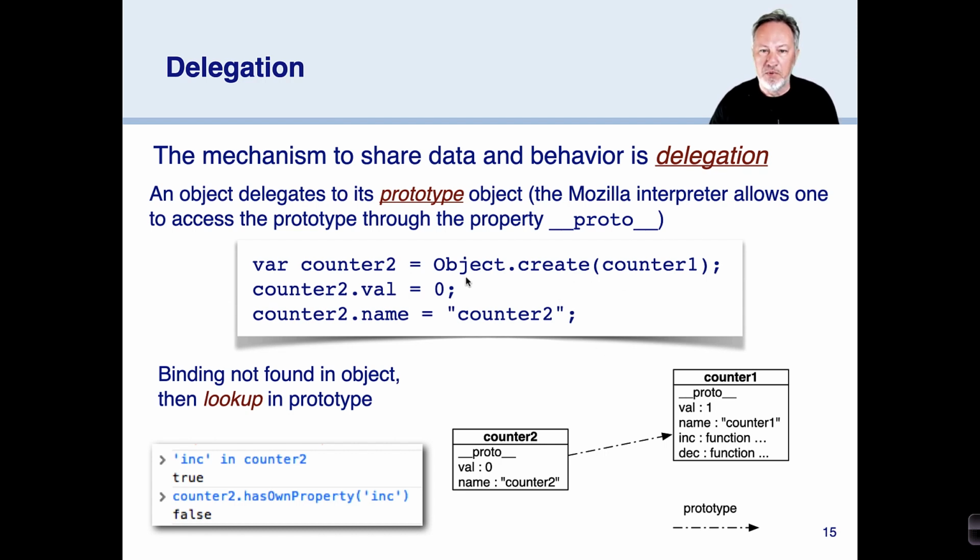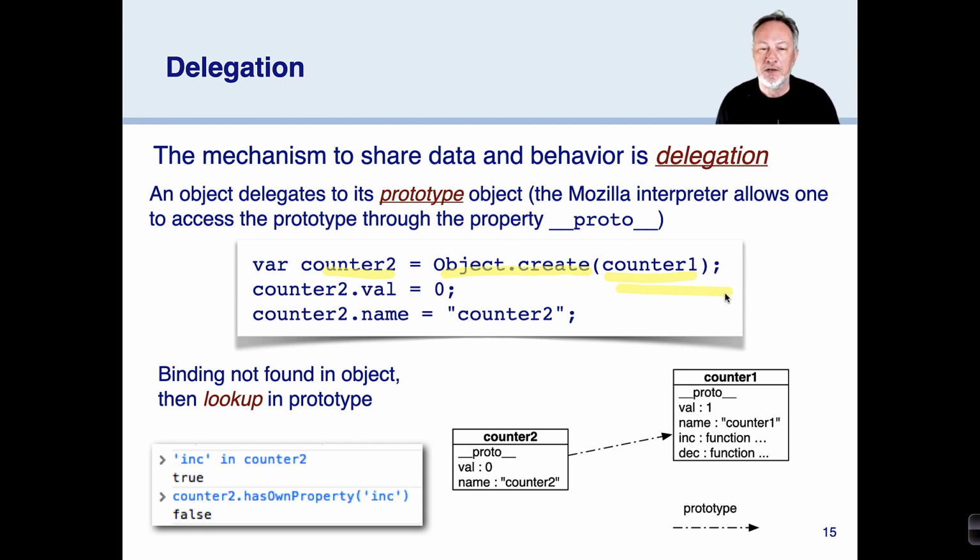Here, for example, we're going to create a new object, counter2, and counter2 will have as its prototype counter1, which we created a moment ago. This works by invoking Object.create. This is a built-in to JavaScript, and this will create a new object with its argument as the prototype.